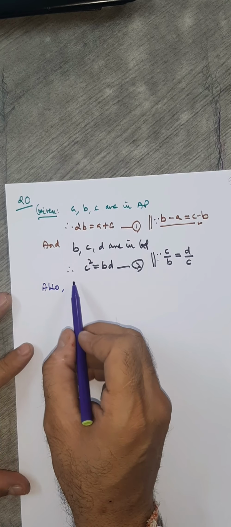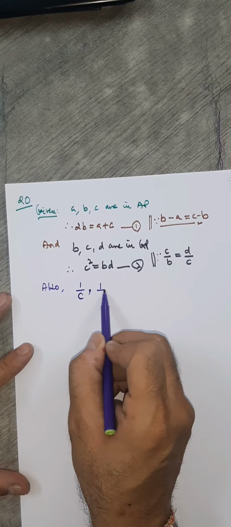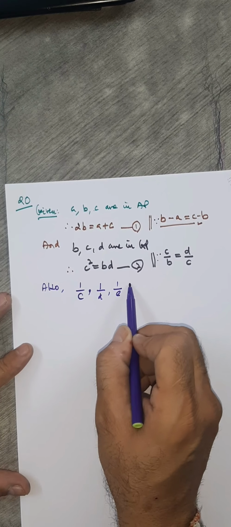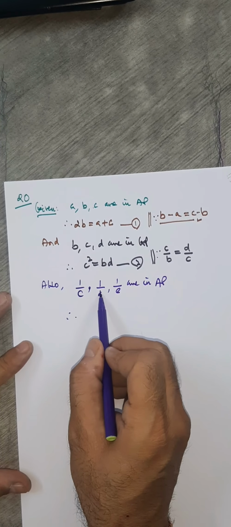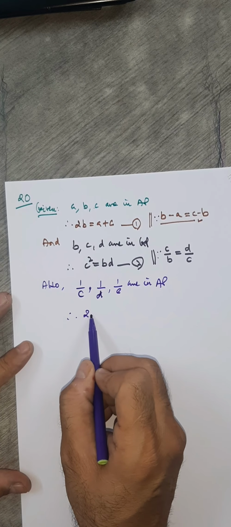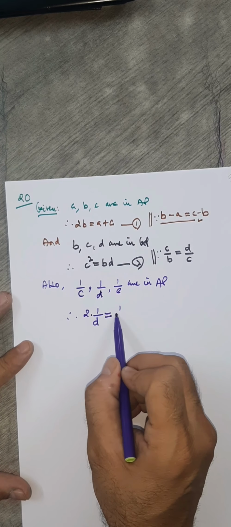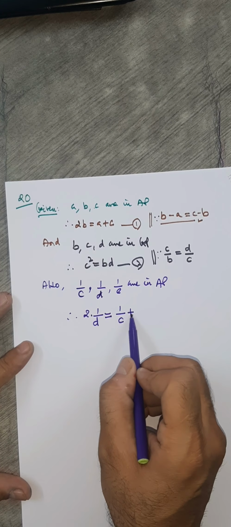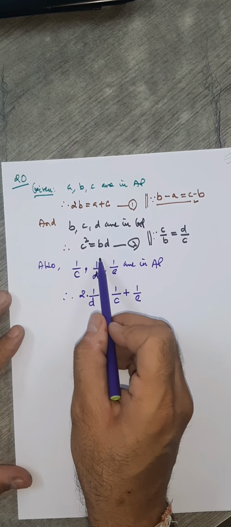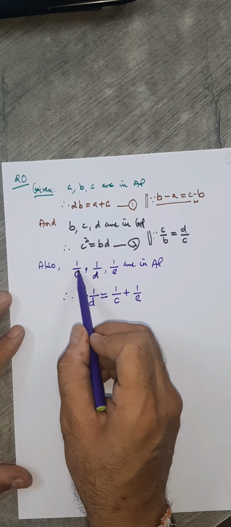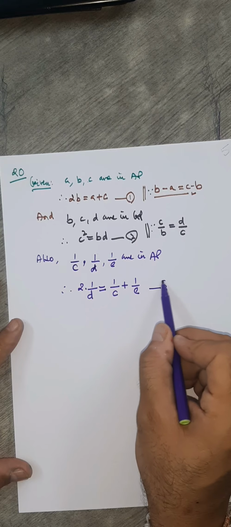Okay. And one more thing you are given also. The third thing you are given is that 1 upon C, 1 upon D and 1 upon E are in arithmetic progression. So again, twice the middle one, 2 into 1 by D, equals the sum of the other two, 1 upon C plus 1 upon E. Because of AP, 2B equals A plus C. Okay, so we have these three things.